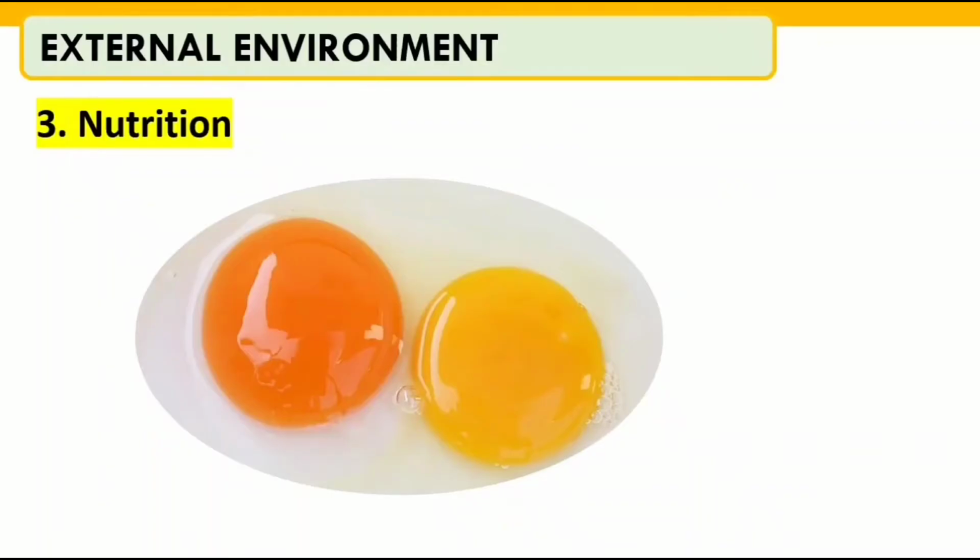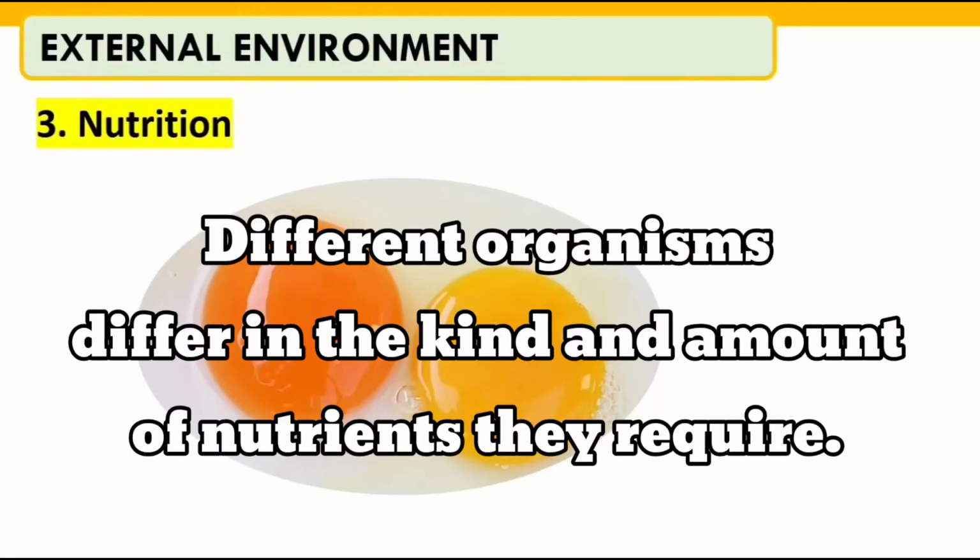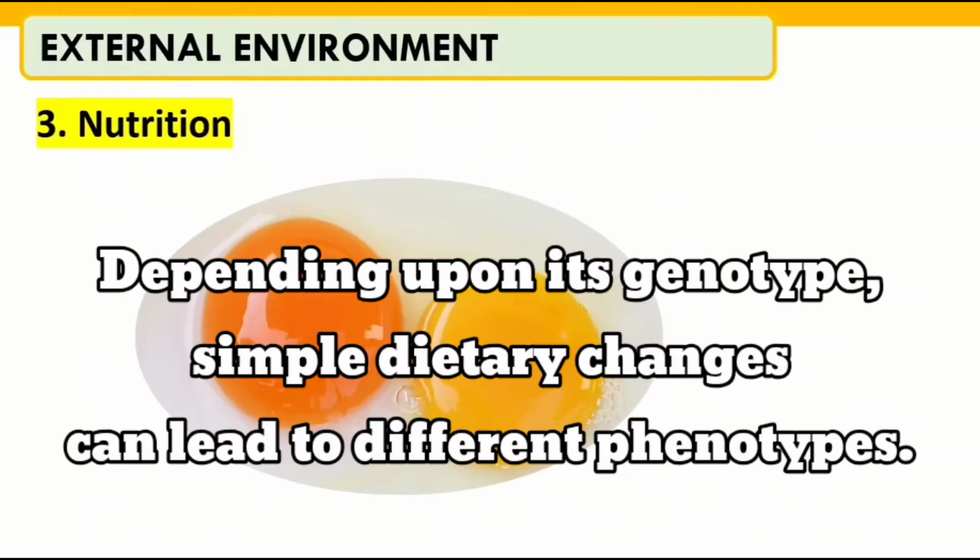Okay, food kasi or nutrition provides energy for carrying out necessary processes and materials that must be incorporated into necessary structures. So genetically, different organisms, even of the same species, usually differ in the kind and amount of nutrients they require. So, depending upon its genotype, simple dietary changes can lead to different phenotypes.